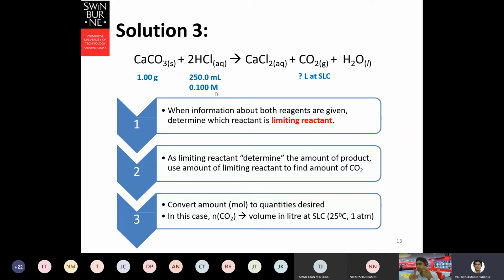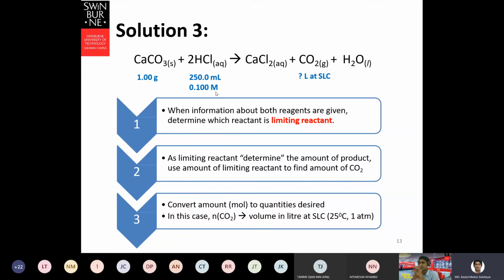It does not matter how many kg, how many grams, how many liters, how much volume of the reactant is involved in this reaction. All we need is the number of moles, right? The first thing we have to find out is the number of moles.